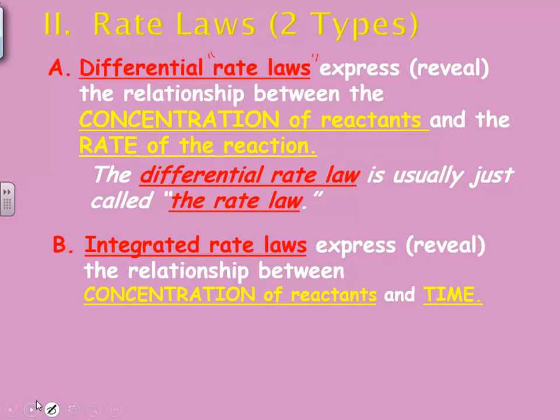The second type of rate law, which we will not look at in this video but in a future one, is called the integrated rate law. It expresses or reveals a relationship between the concentration of the reactants and time.